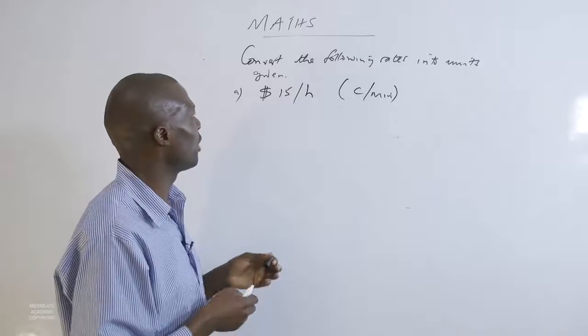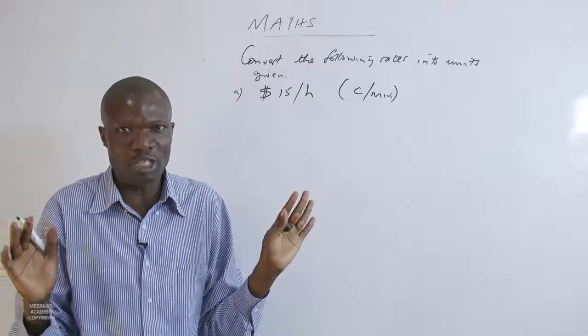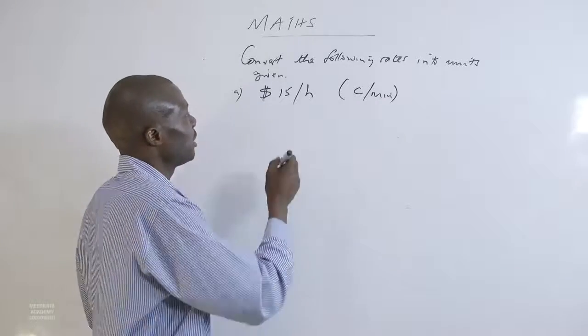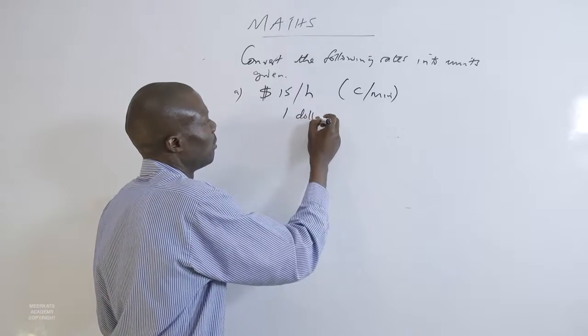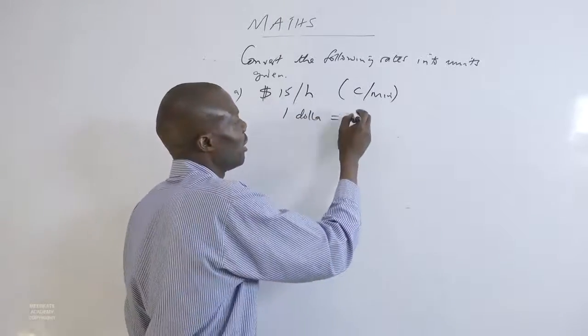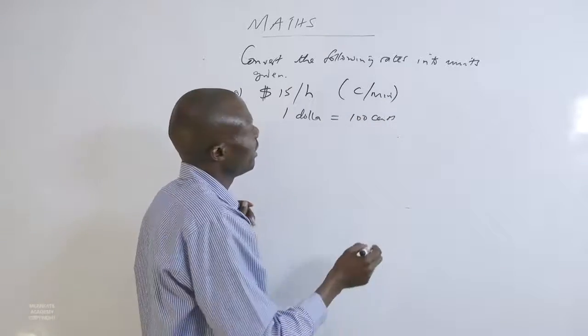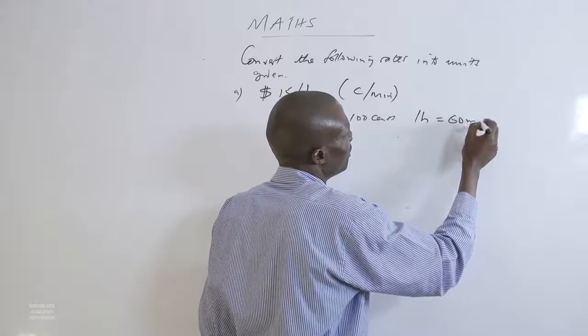As I told you earlier on, we must know how to convert. That is very important. So using the knowledge of units of conversion, we shall simply say that $1 is equal to 100 cents. And for the other side, 1 hour is equal to 60 minutes.